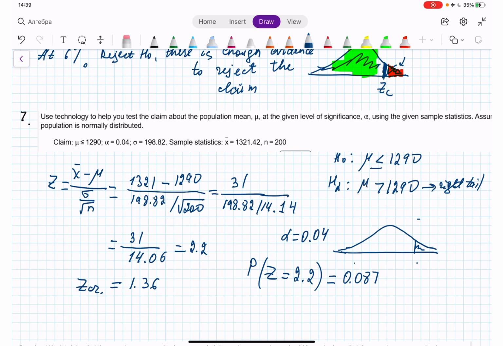Okay, and lastly, we need to determine the outcome and draw a conclusion. So what is our null hypothesis?